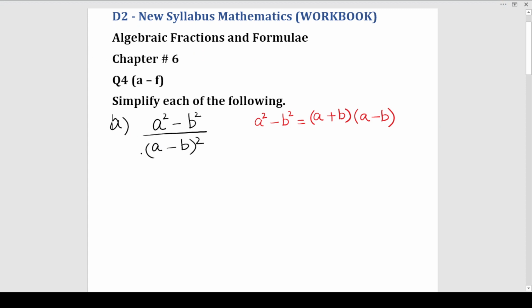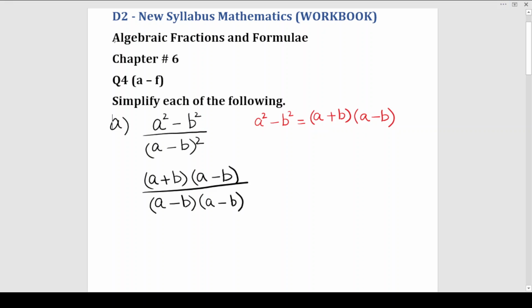In the numerator, I can write (a plus b) into (a minus b), and in the denominator I'll write (a minus b) two times. Now which terms can we cancel?